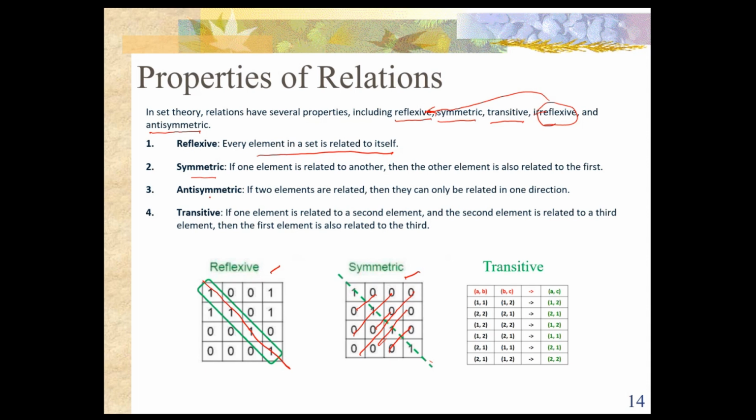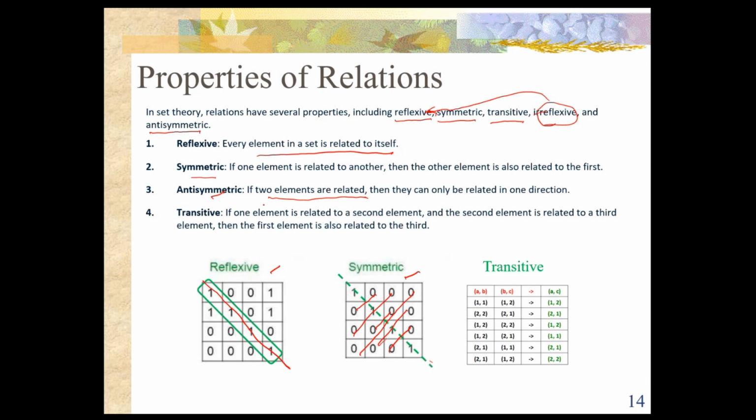And then anti-symmetric is related to symmetric, but not exactly the same thing. The definition is as follows. If two elements are related, let's say A related to B, can we have B related to A?